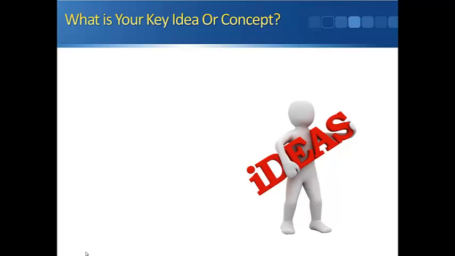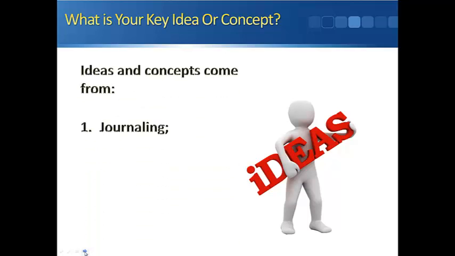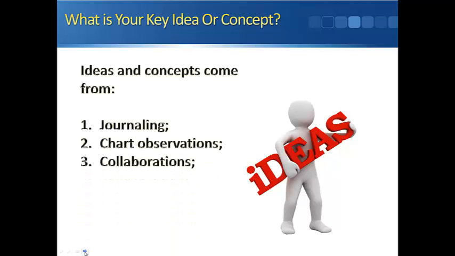We want to take ideas and develop them into potential trading opportunities. The ideas are going to come from your journaling, from chart observations, from collaborations. They might be something you've been thinking about from reading other information or looking at other strategies, where you thought, maybe I could take that strategy and put a different flavour to it.